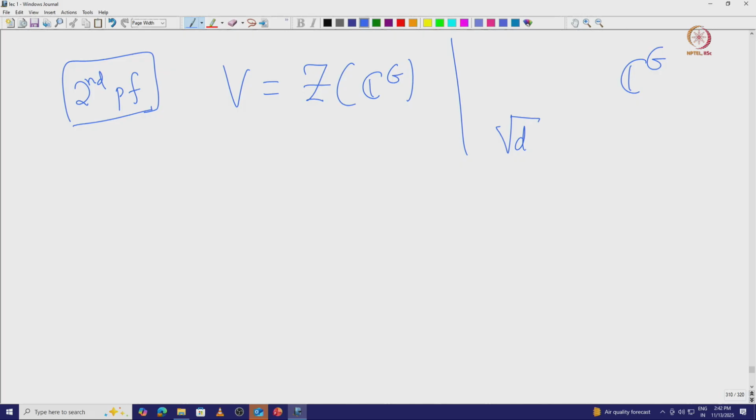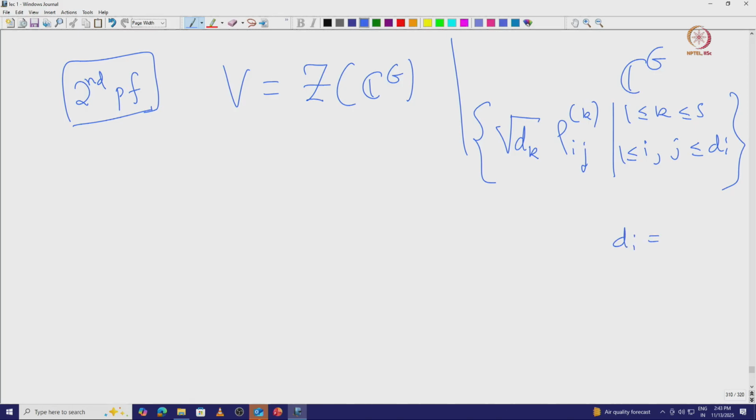From them we constructed d1 square plus etcetera plus ds square elements of this orthogonal subset of CG, given by the normalized matrix coefficients, where k runs over 1 to s and i, j run from 1 to dk. Recall that dk is nothing but the degree of the irreducible representation rho k.